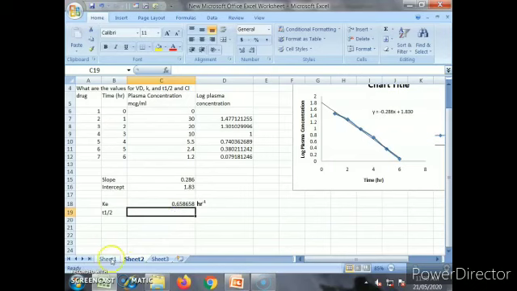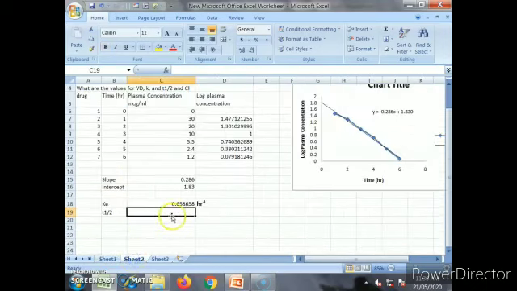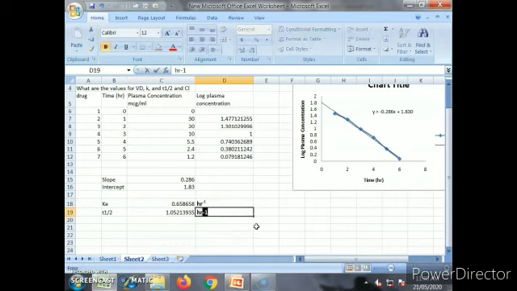The formula for t half is 0.693 divided by k. Enter, and you will get t half as 1.05, and the unit for t half is the hour.